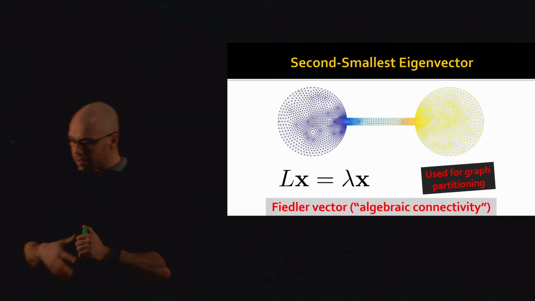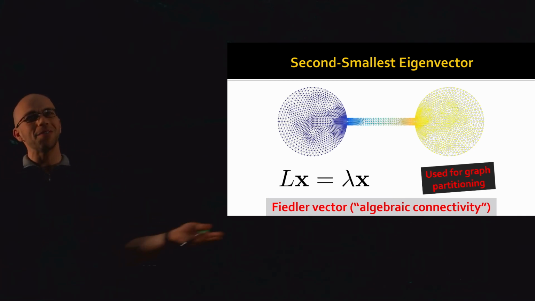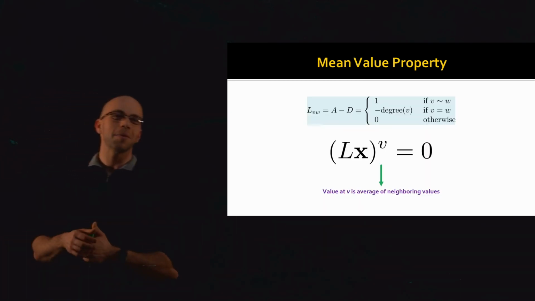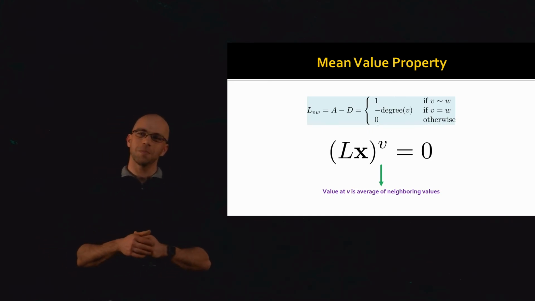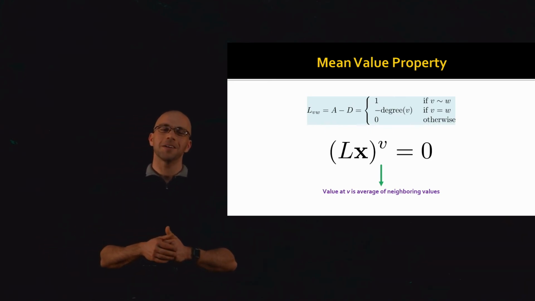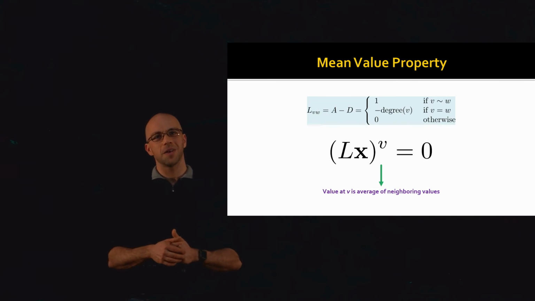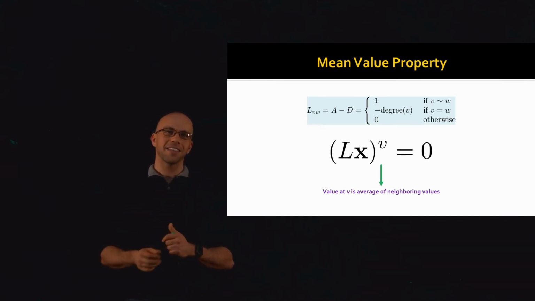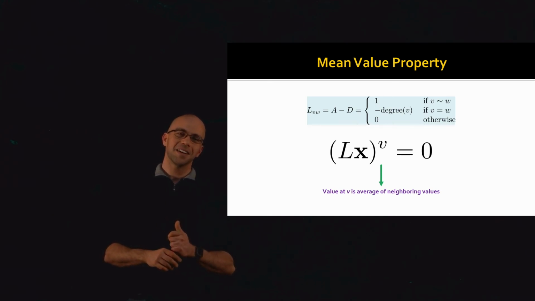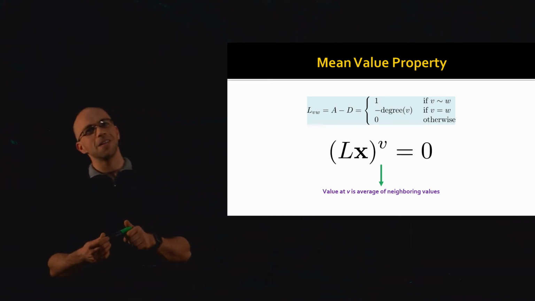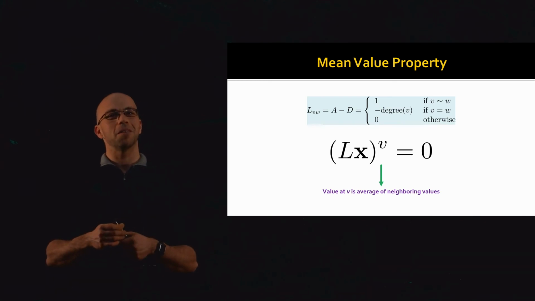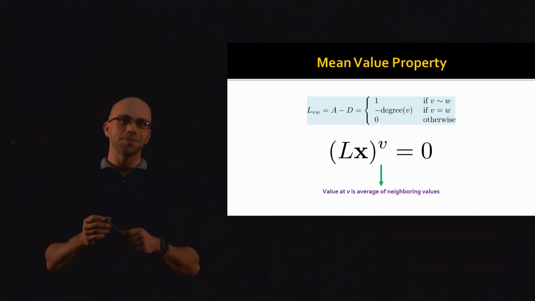Now, there are all kinds of nice properties associated to graph Laplacians as well. So for example, that mean value property that we drew a picture of for the Laplacian in R^n also works out on graphs. In fact, it's quite easy. If I have a function per vertex with the relationship that L, our graph Laplacian, times our per-vertex function is equal to 0.